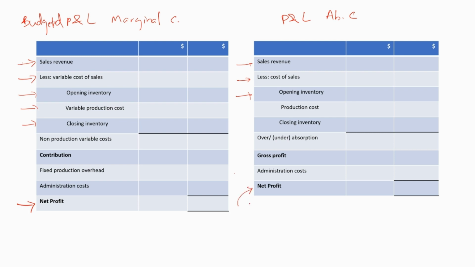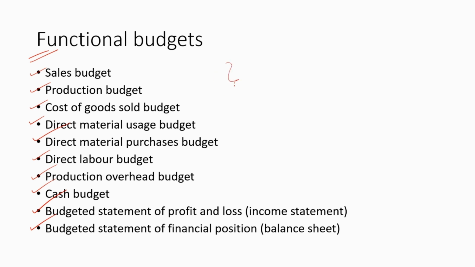This is the budgeted net profit. So all of these budgets will be summarized into the income statement. So what will happen? The cash budget, the budgeted statement of profit and loss, and the budgeted statement of financial position will be included in the master budget.